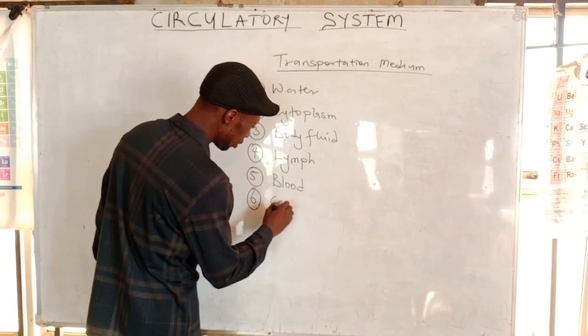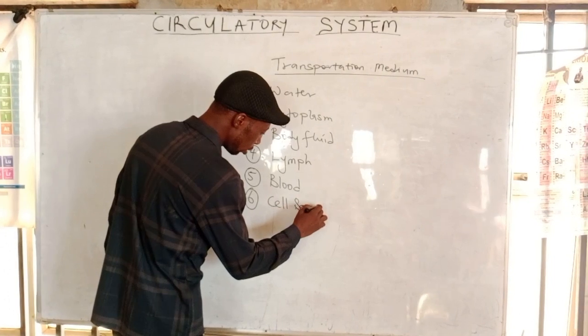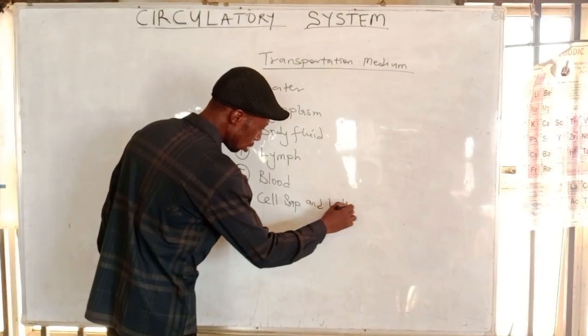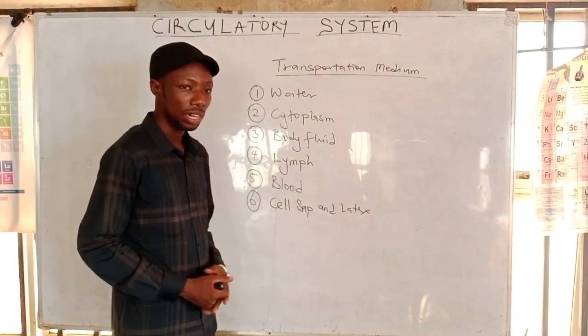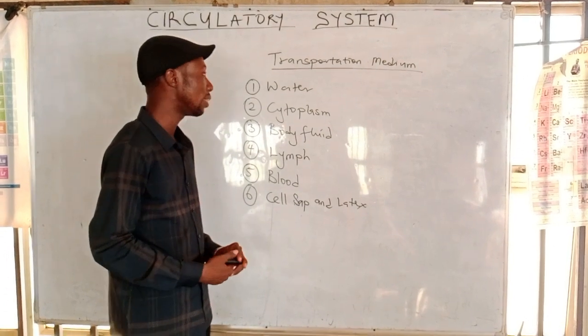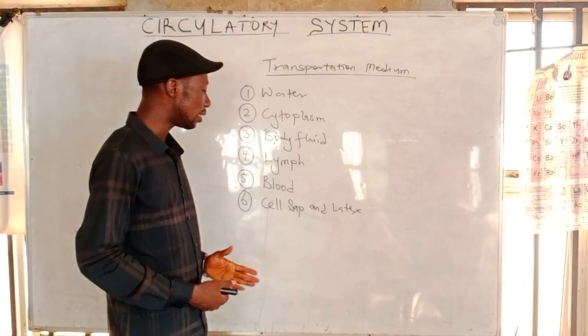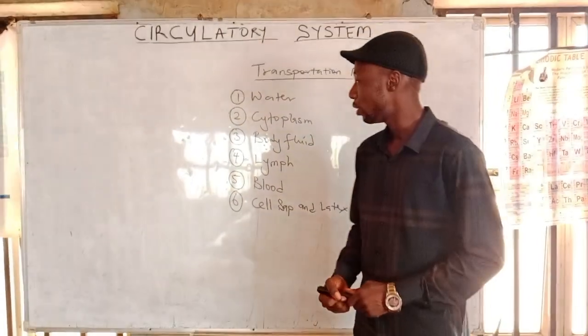Then here we have the cell sap and latex. The cell sap and latex here are found in plants. They transport useful substances and waste products in plants. So all these are the six transportation media we have in the topic.